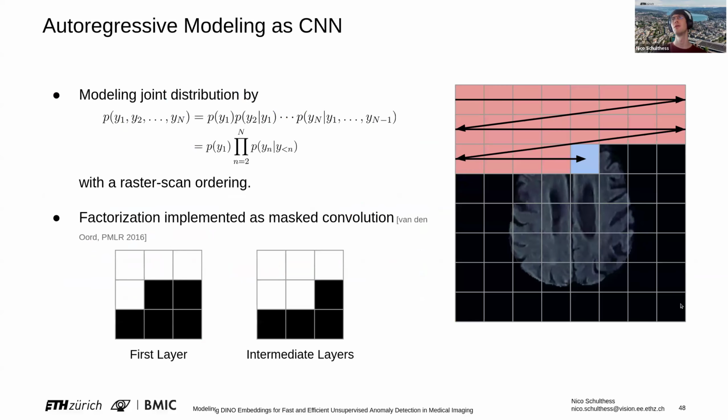When you go to patches at the bottom right, they tend to have more knowledge on what is present in the whole image, while patches up here have only seen background parts and not really much of the brain.